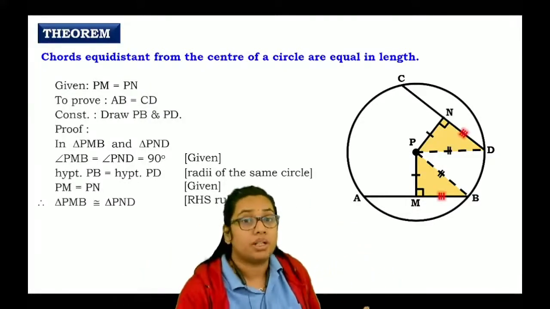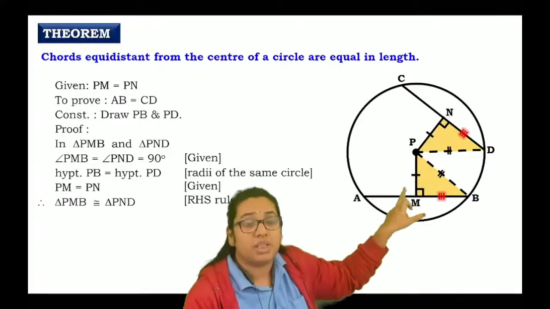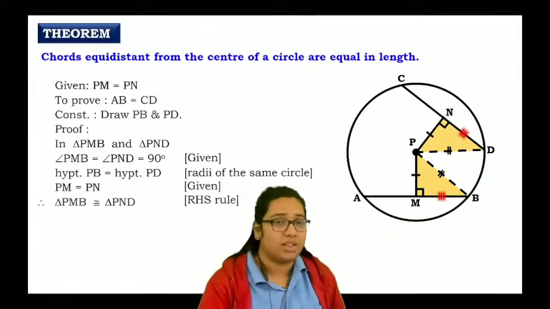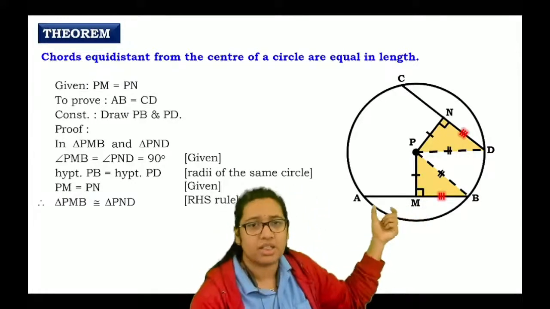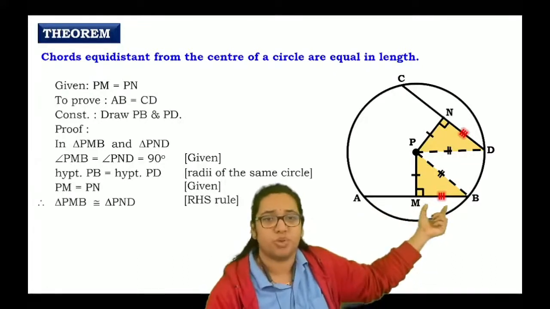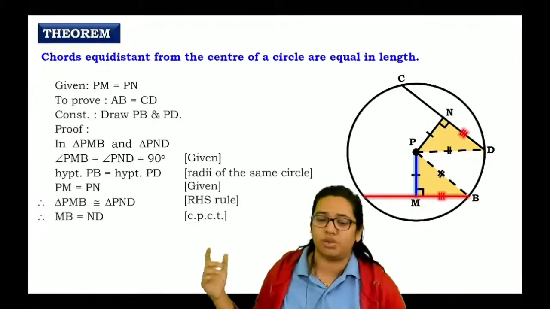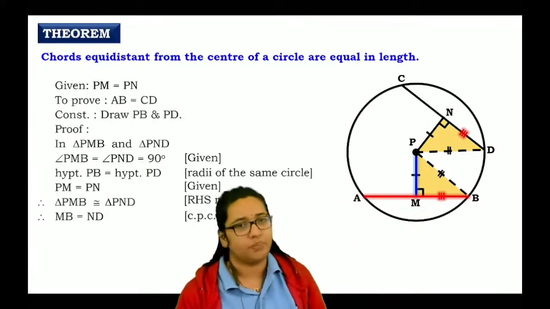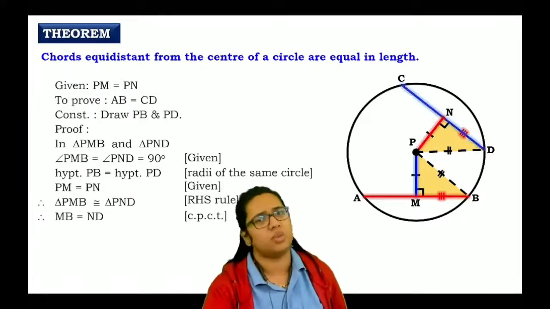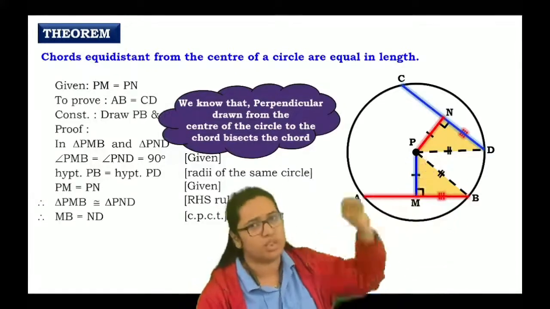Okay, but we are talking about AB, and we know that PM is a perpendicular drawn to the chord. So after all, we can use that. But before that, we'll prove MB equals ND, which is corresponding parts of congruent triangles. Getting this? So if MB equals ND, then twice MB is the same as twice ND.